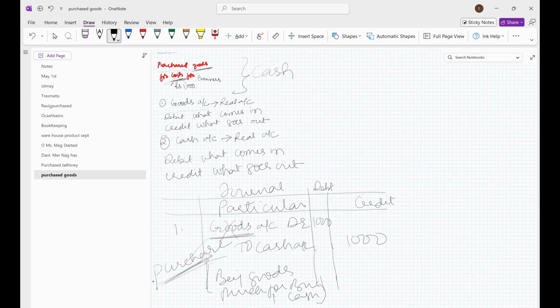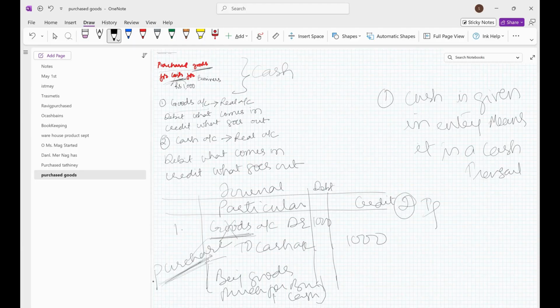So the first important point, write: if cash is given in the entry, it is a cash transaction. And second, instead of cash, if a person name is given, then it is a credit transaction.